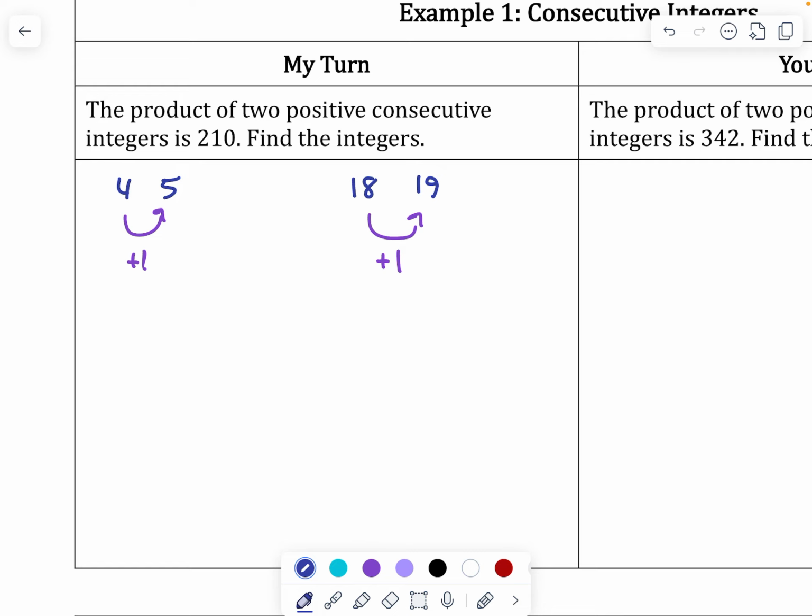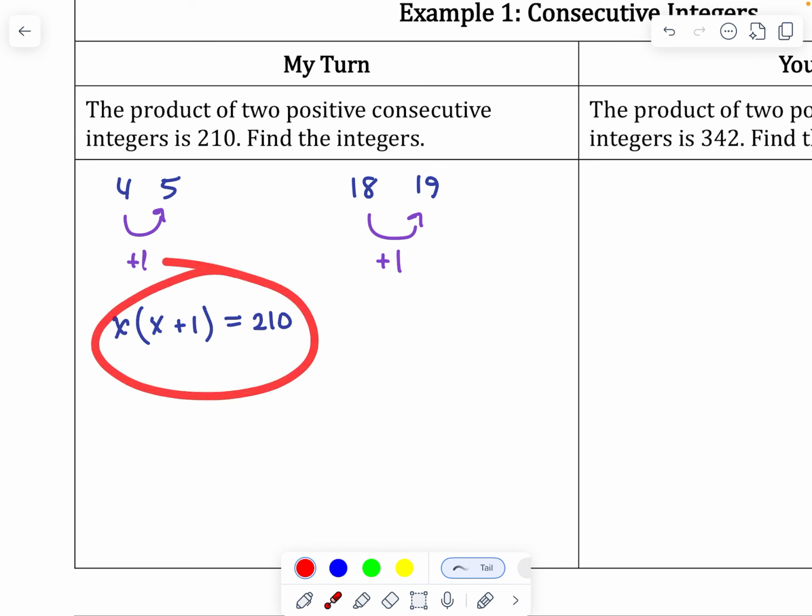So, say that our first integer that we're trying to figure out is x. Well, the consecutive integer that comes after that is going to be x plus 1. And we are multiplying these because we want the product. The product is 210. So this right here is the quadratic equation that we need to solve.